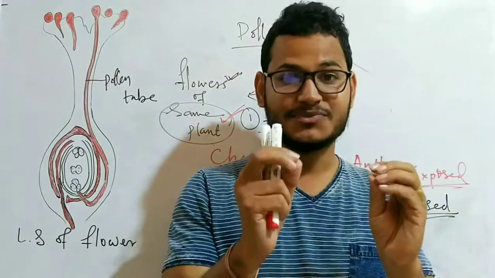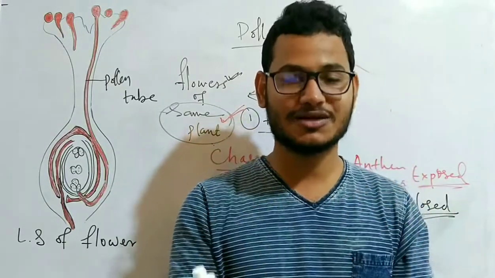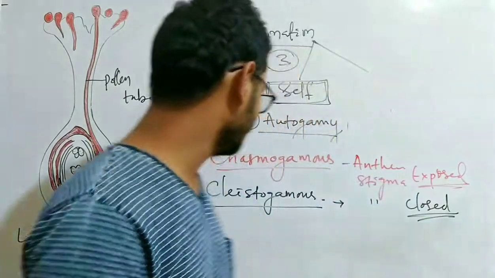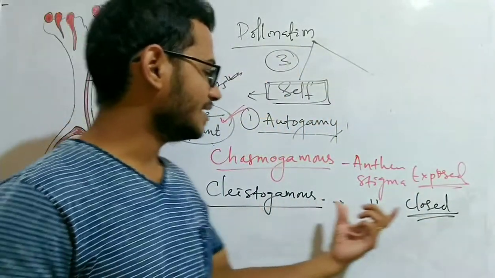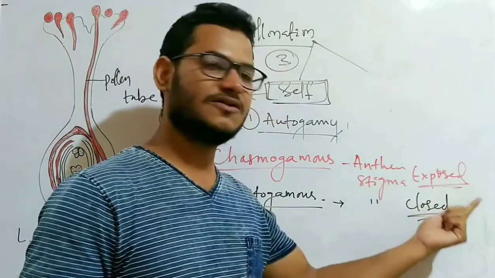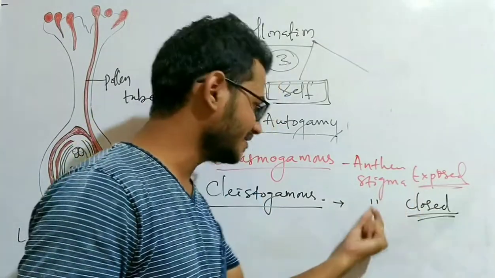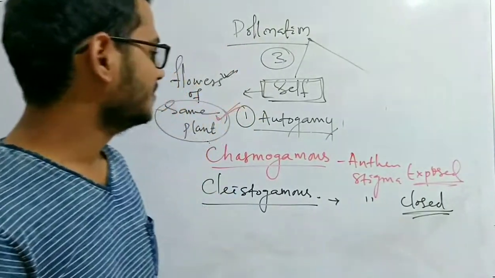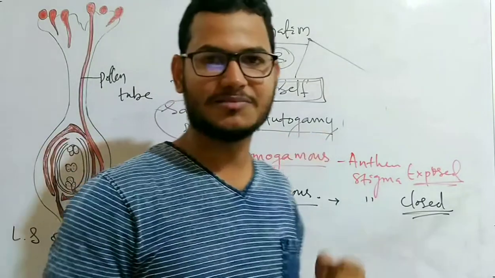And remember, in case of autogamous flowers, there is no chance of cross pollination. In case of cleistogamous particularly, as the flower is closed, meaning the anther and stigma are closed, there is no chance of foreign pollen grains migrating into the pistil of the flower. So here autogamy is bound to occur.